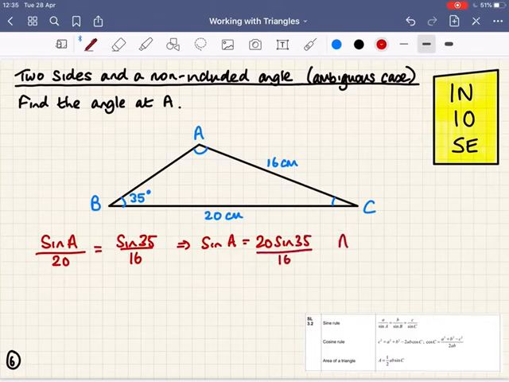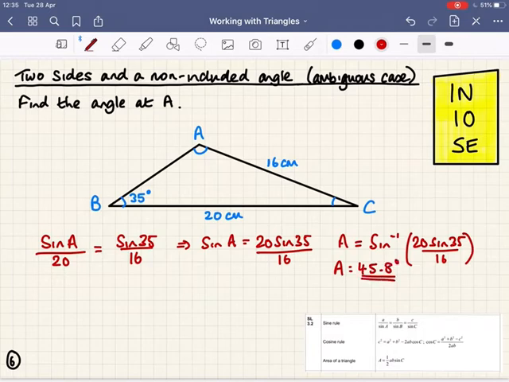So A would be the inverse sine of 20 sine 35 over 16. And if I work that out on my calculator, it tells me that A is equal to 45.8 degrees.